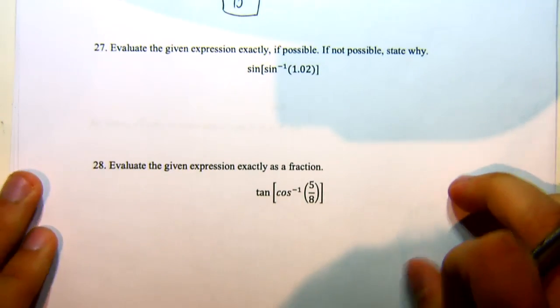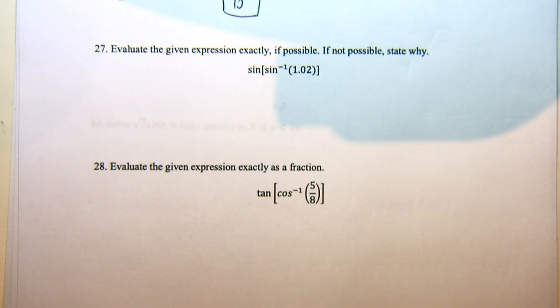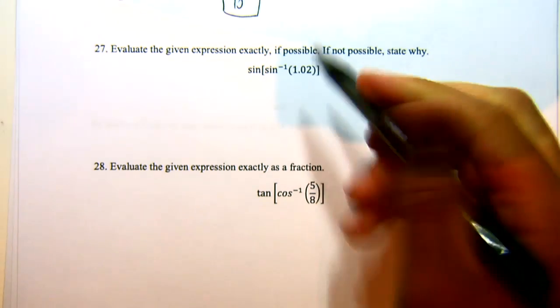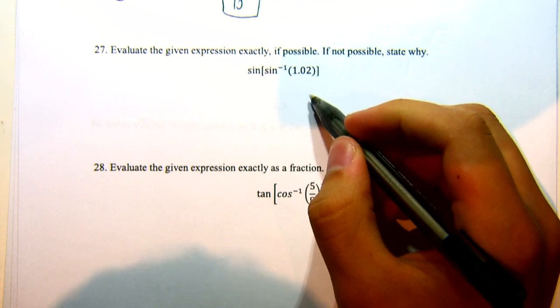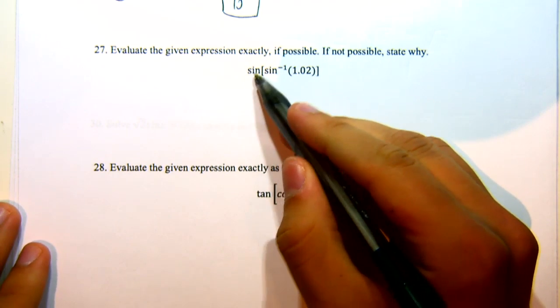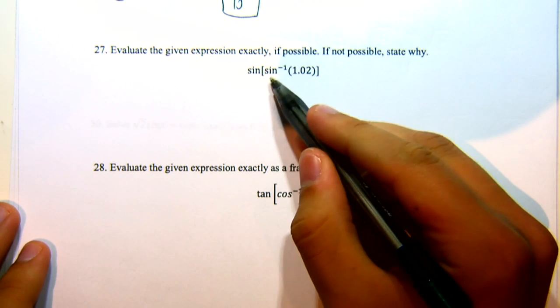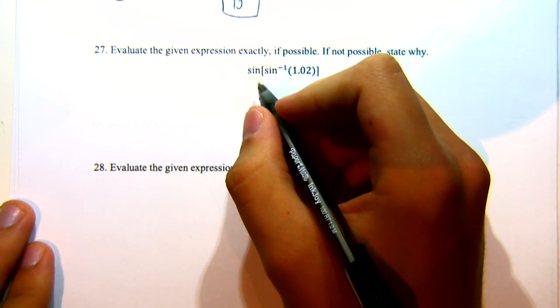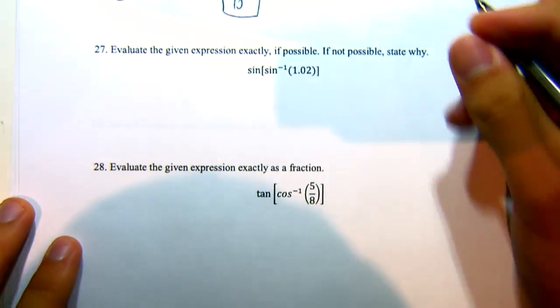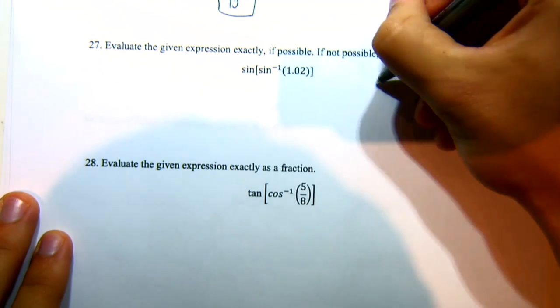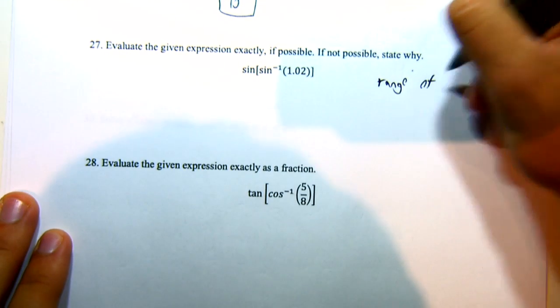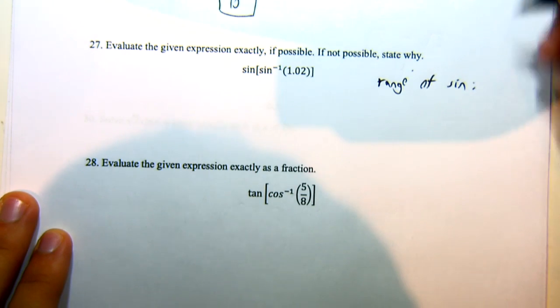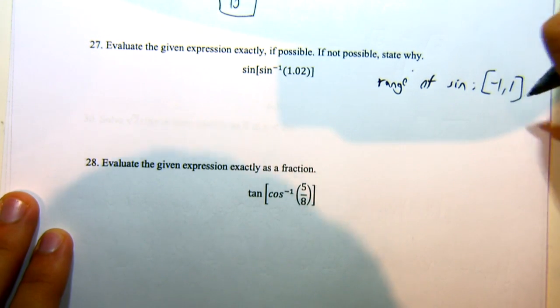So let's go to 27. Now evaluate the given expression exactly, if possible. If not possible, then state why. So here, what we have to do is make sure that this number is in the range of sine, or in the domain of the inverse. So, what is the range of sine? Negative 1 to 1? All right, excellent. So, range of sine is negative 1 to 1.